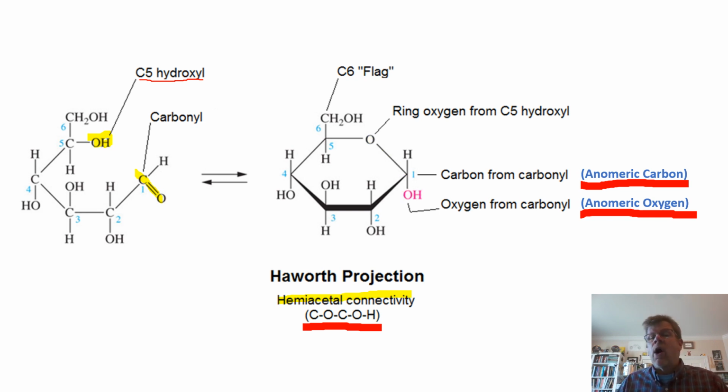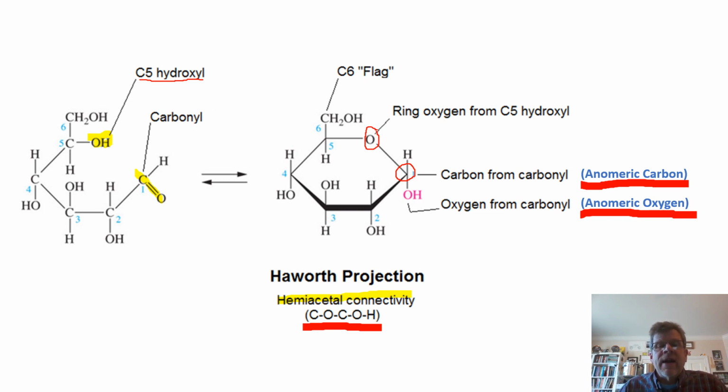Always on a Haworth projection, the anomeric carbon will be the furthest to the right. Always the furthest to the right. That ring oxygen on a Haworth projection in a 6-membered ring will always be in the upper right-hand corner.